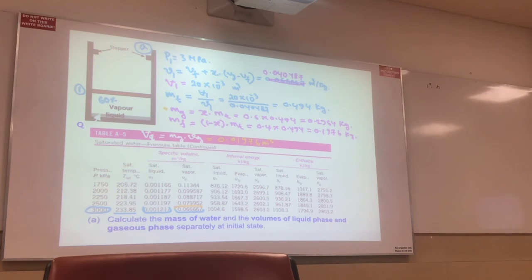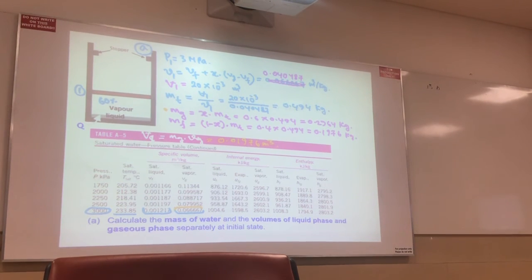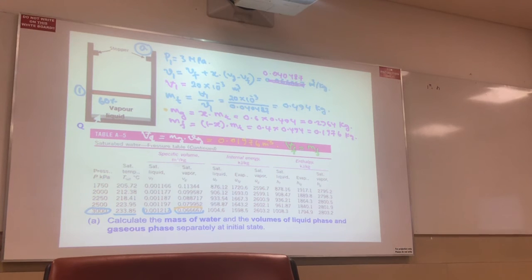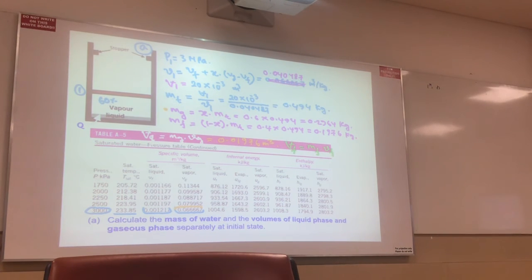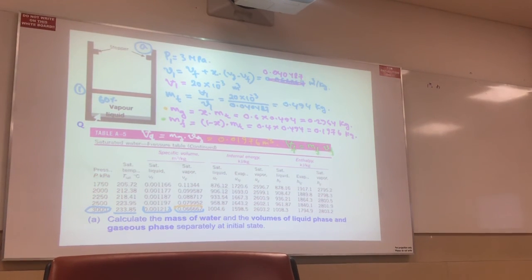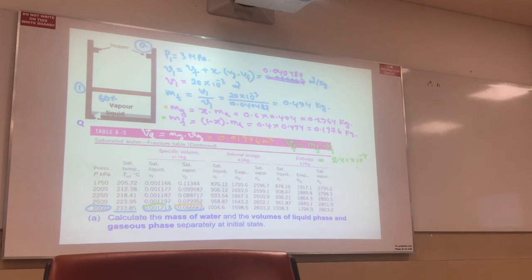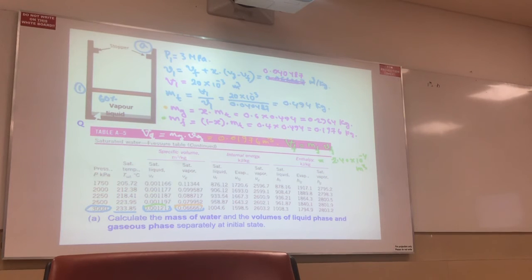This is the gaseous phase, and liquid phase I write for you. Vf is mf times specific volume vf. So you know mf from here and vf from here. Then I get the answer 2.40 times 10 power minus 4 meter cube. I give you the answer.